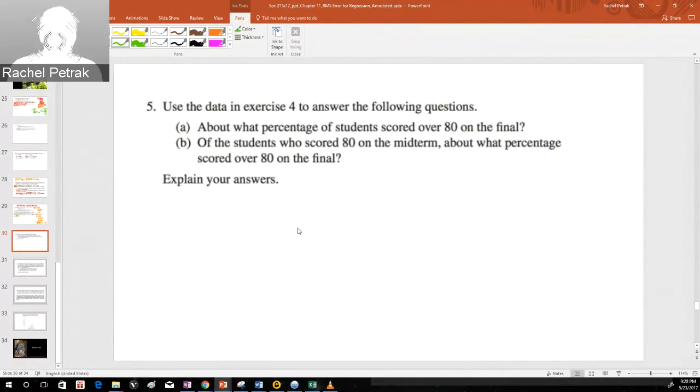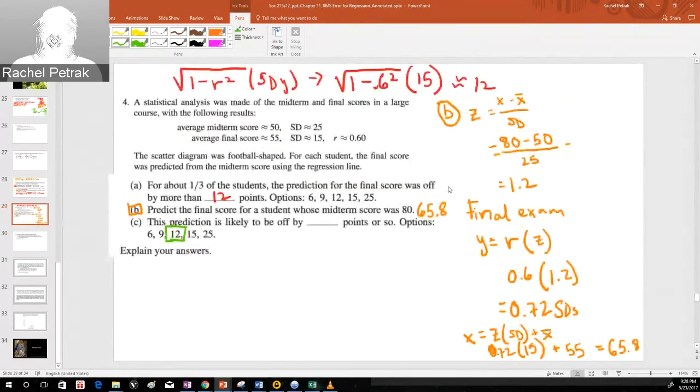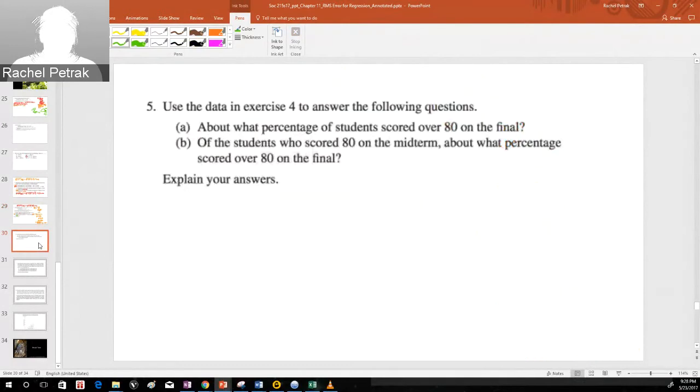The error is 12 points. Actually, the student in this previous example was above the mean. So they did better than the mean with an error of 12 points, which is a pretty big error. But they did better than average.